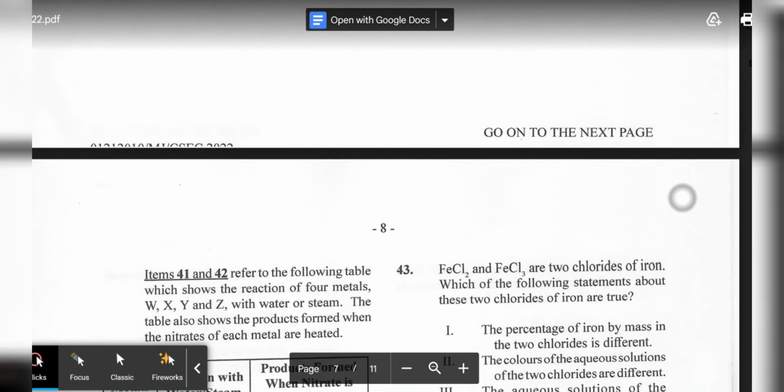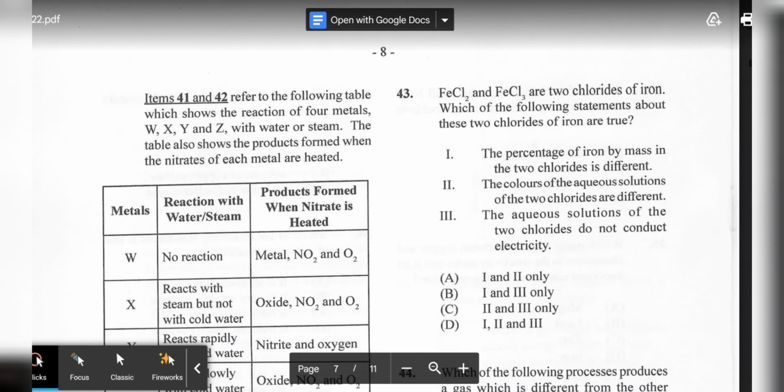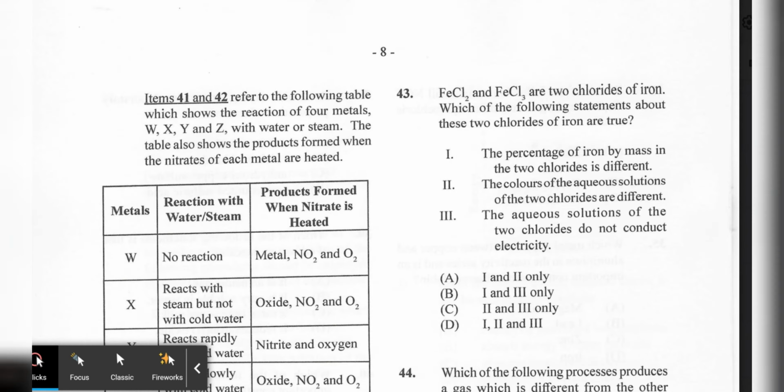43. Iron 2 chloride and iron 3 chloride are two chlorides of iron. Which of the following statements about these two chlorides of iron are true? The percentage of iron by mass in the two chlorides is different. The colors of the aqueous solutions of the two chlorides are different. That's true. The aqueous solutions of the two chlorides do not conduct electricity.